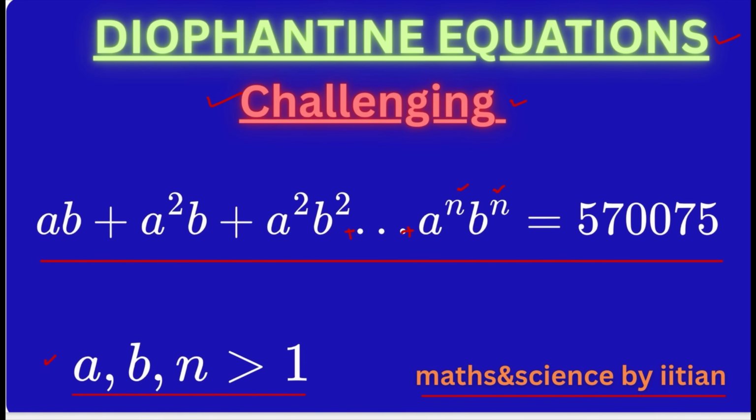Find a, b and n integers greater than 1. We have to find them.